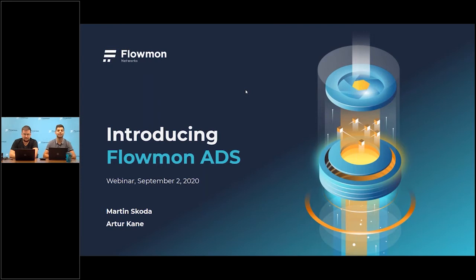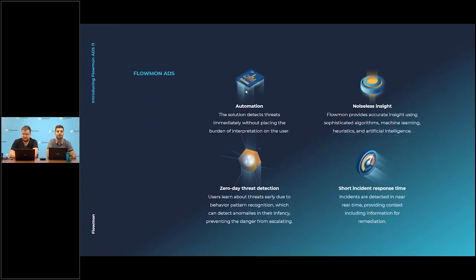So Flowmon ADS is our cybersecurity detection engine and software for analysis of network traffic from the perspective of security. What it does, it automates detection and it helps you to save time on figuring out root causes and impacts of different types of incidents in your environment.